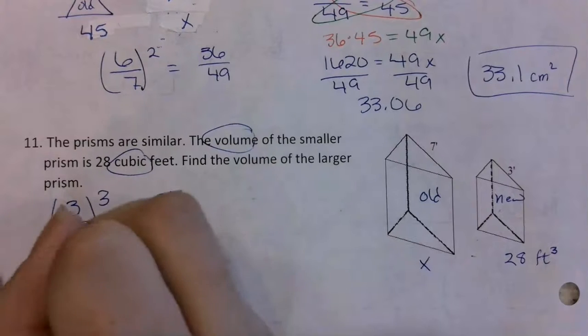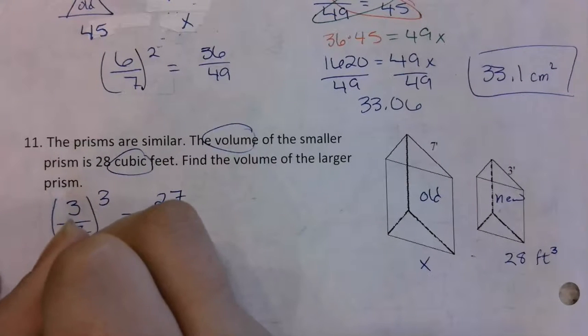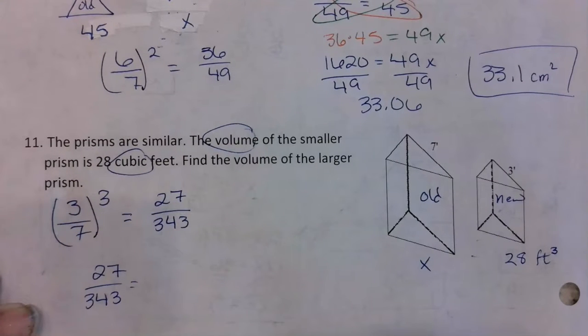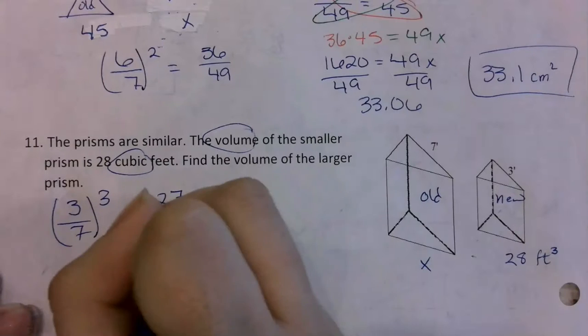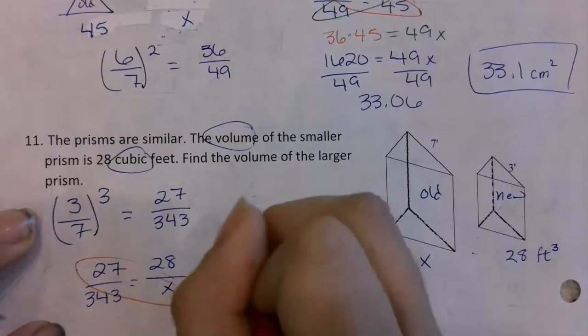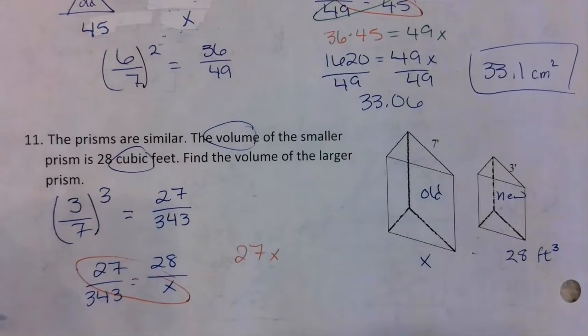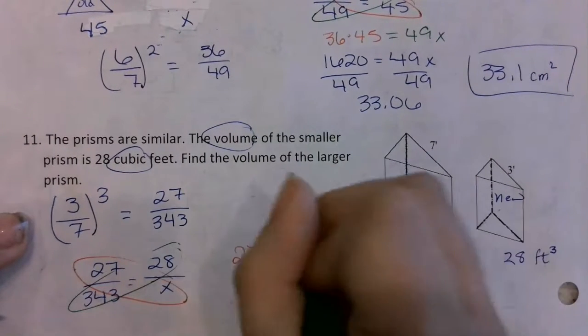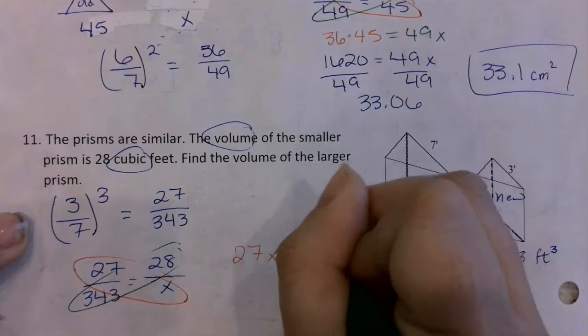So then I take my ratio of 27 over 343, and I set it equal to, my new was 28, and my old is what I'm solving for. Then I want to cross multiply. I have 27 times x, and then I have 28 times 343.